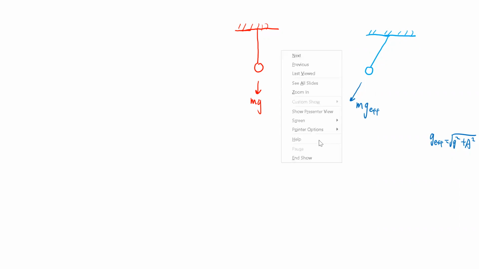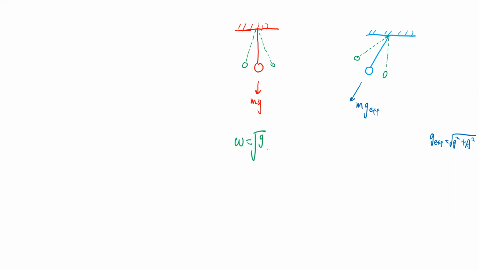In this case, the swinging is something like this, and in this case, the swinging will be something like this. In this case, the omega would be square root of g divided by h.